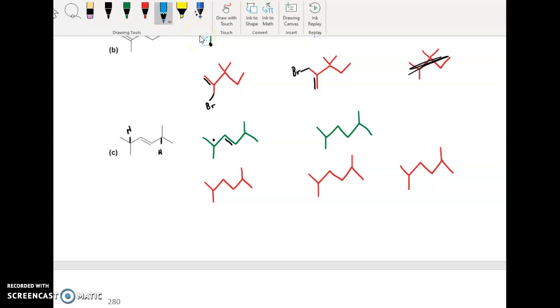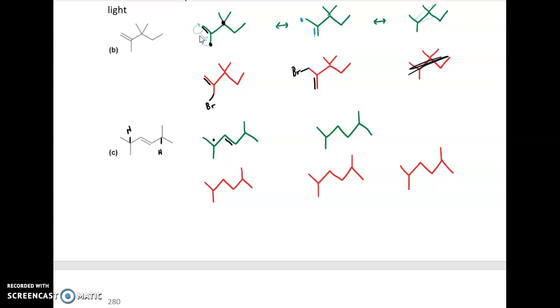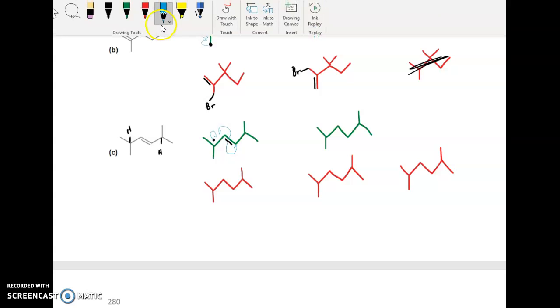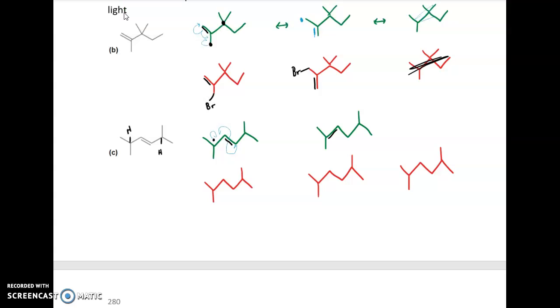So what will happen is this one will go to making a double bond, and one of these will go to make a double bond, and the other one will rest on that carbon right there. So in the next figure, I have a double bond between these two carbons, and I've got a free radical at that position.